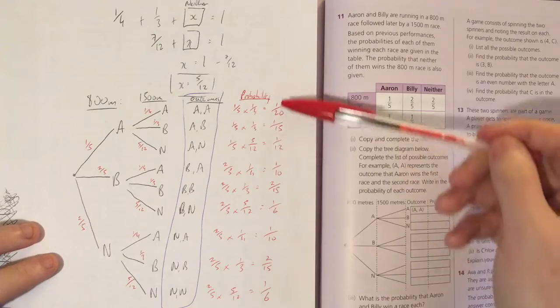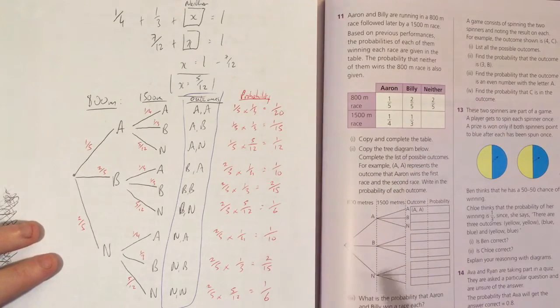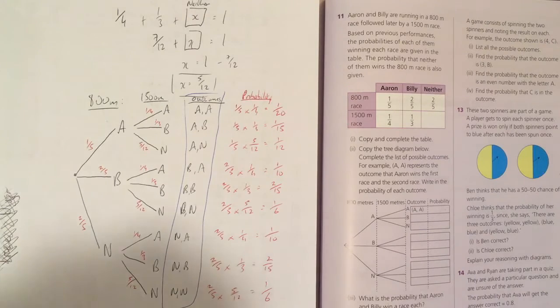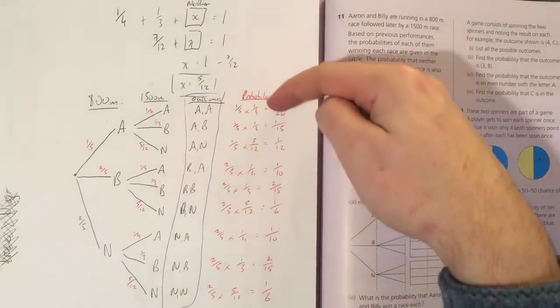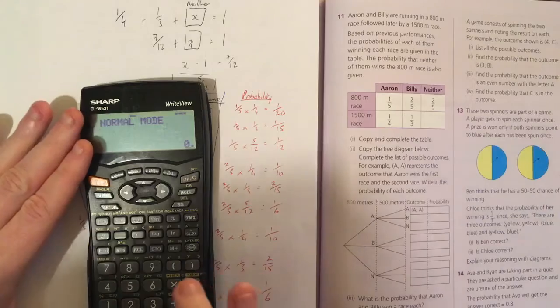Okay, I can check my answers here because this is all 9 possible outcomes when we run those 2 races. Aaron, Billy, neither, on 2 different races. So if I add all these together, they should add to 1 because they're all the possible outcomes.